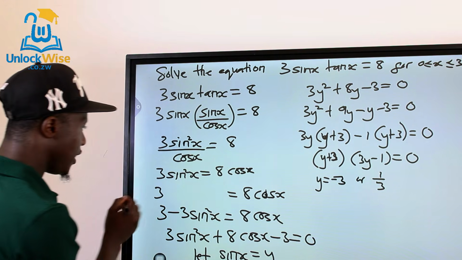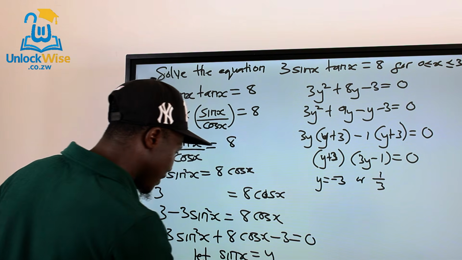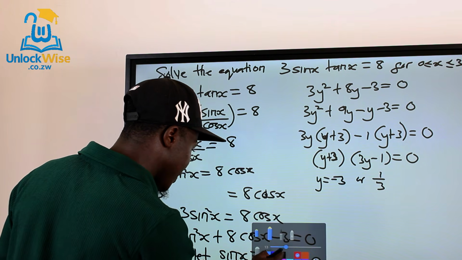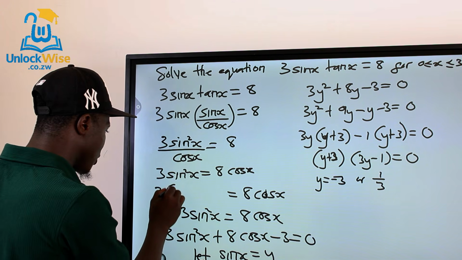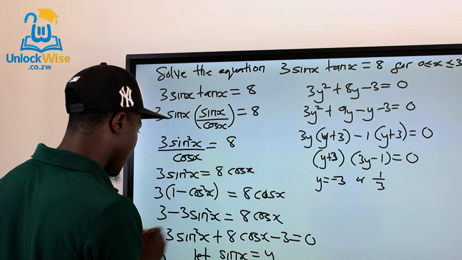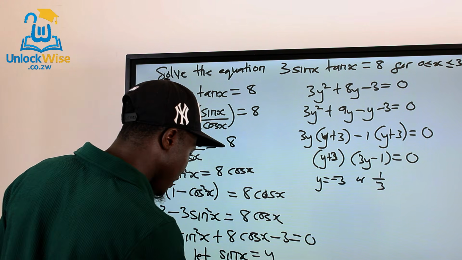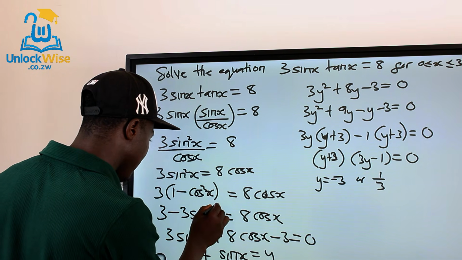Okay. Basically, what is the identity for sine squared x? Sine squared x is equal to 1 minus cos squared x. So once again, this becomes 3 minus sine squared x here.